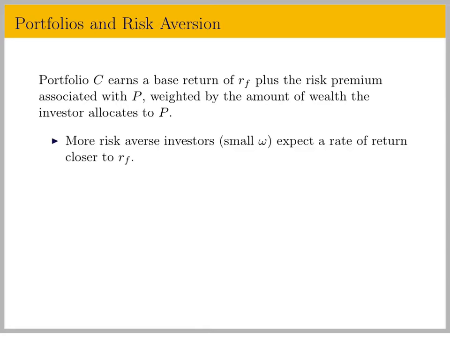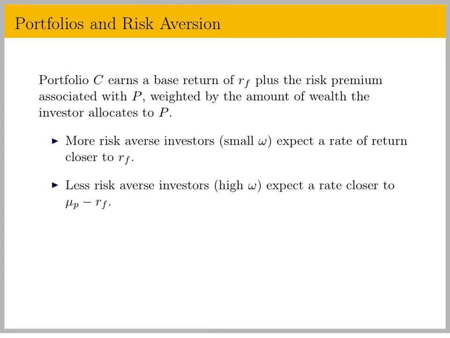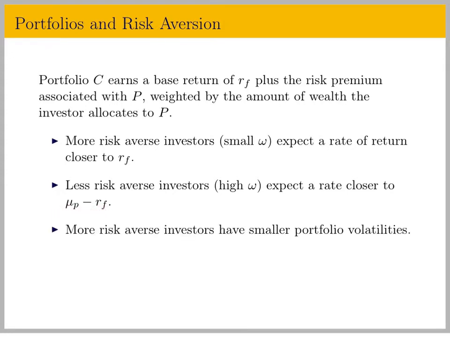Now in between those two extremes, when omega is small, investors are more risk averse, and so they expect a rate of return closer to the risk-free asset. Less risk-averse investors, when omega is high, expect a rate of return much closer to the risk premium of portfolio P, that risky portfolio.